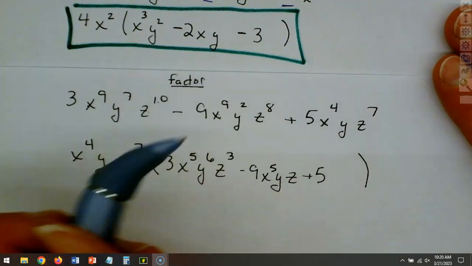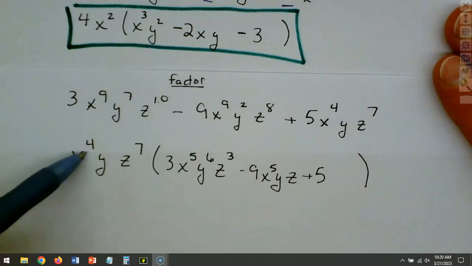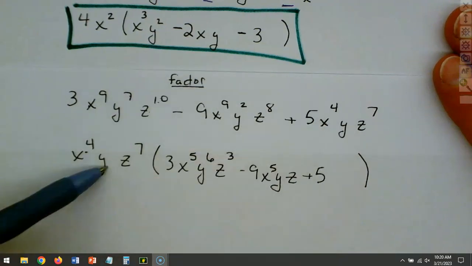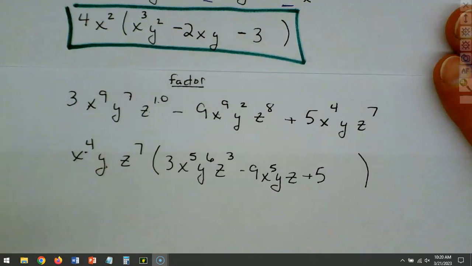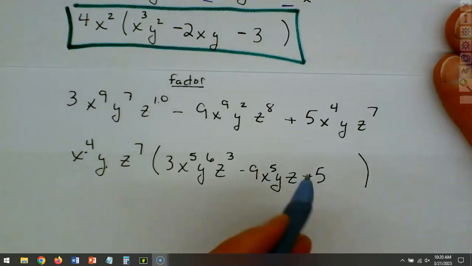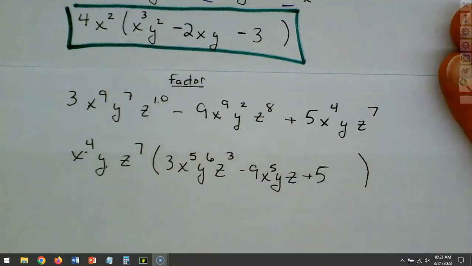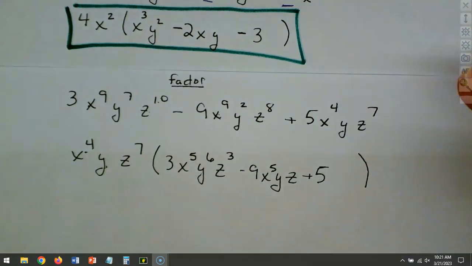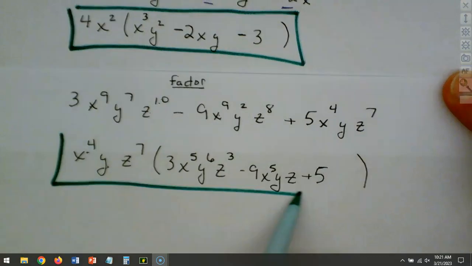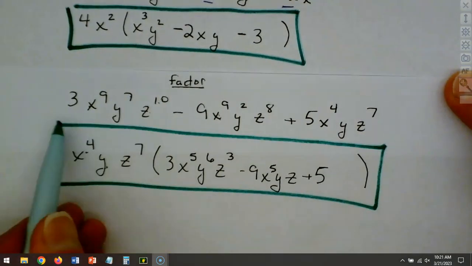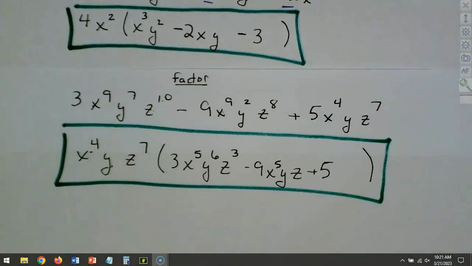X to the 4th is gone, right? Y is gone. Z is gone. So that's it. It's just going to then leave you with that plus 5 there. Is everyone okay with how I factored that out?